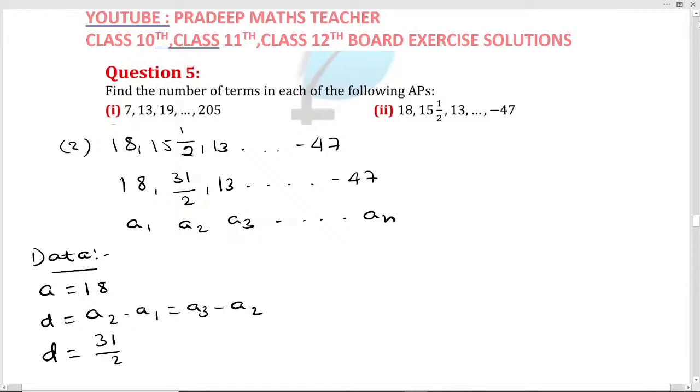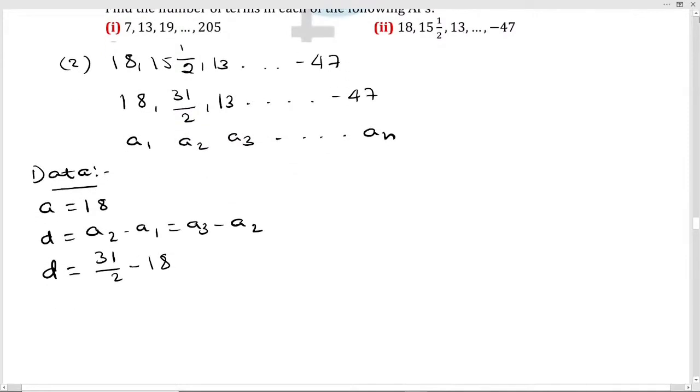So 31 divided by 2 minus 18, because the second term is 31 by 2 minus a1, which is 18.